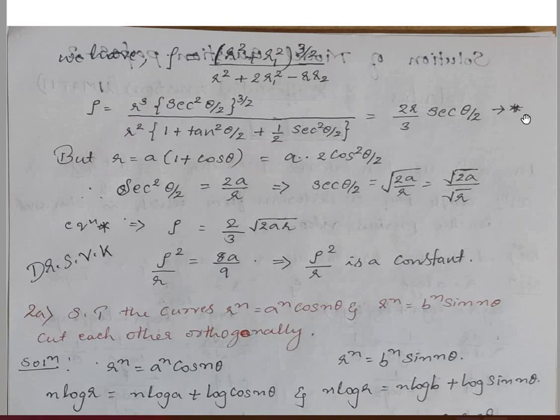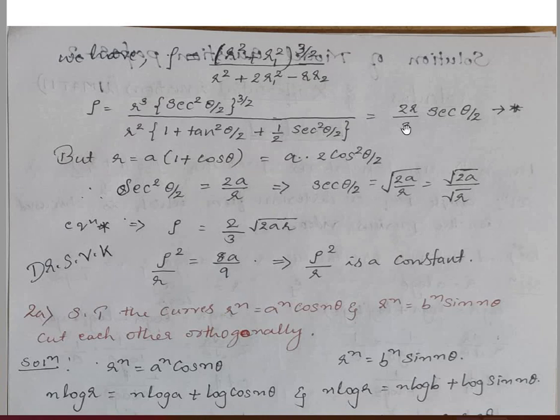So name that as star. From the given equation, I am going to find r as r equal to 2a cos square theta by 2. From this I am going to establish secant square theta by 2, or secant theta by 2, as square root of 2a by r.